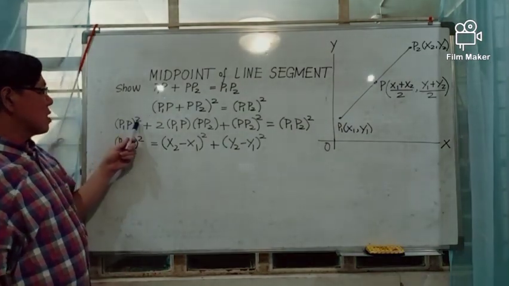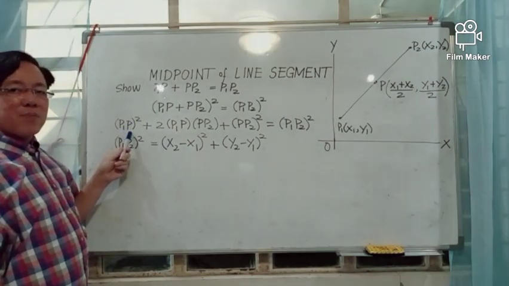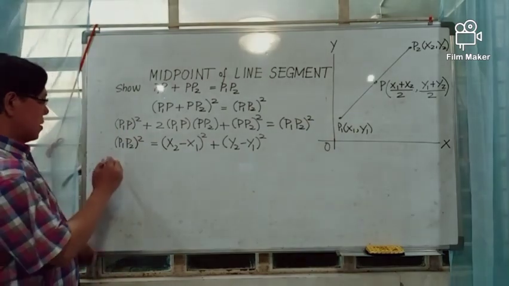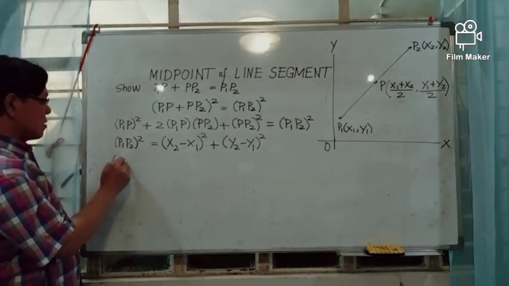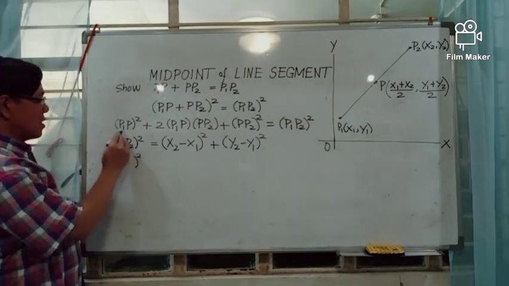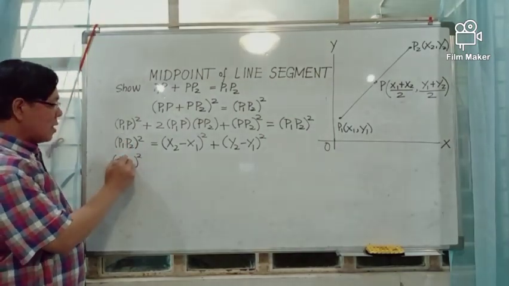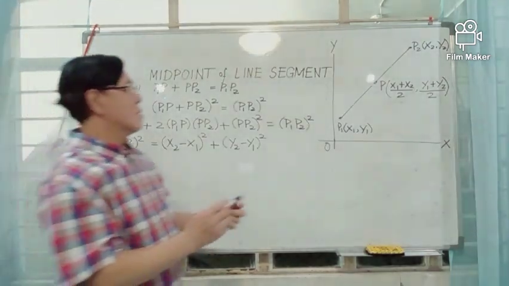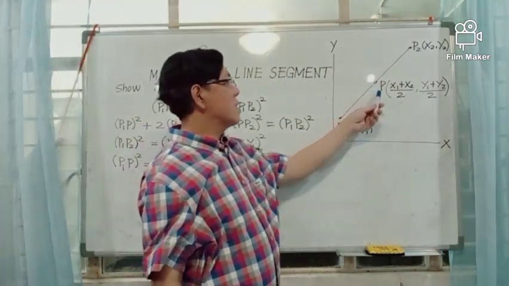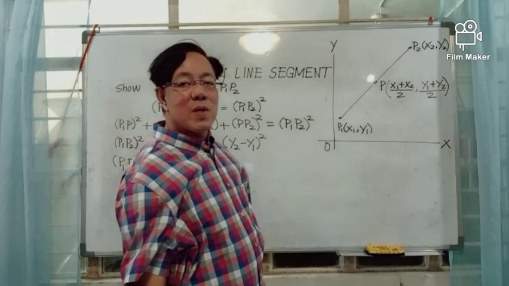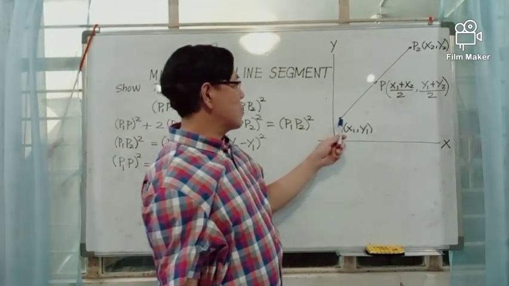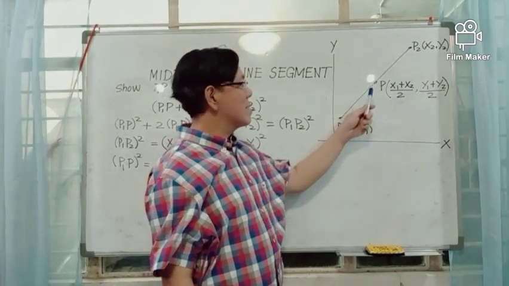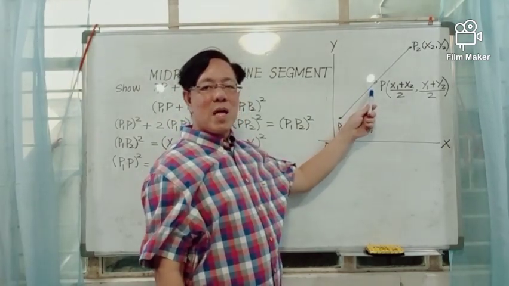We start with the square of the distance between P1 and P. This is P1 and P, and we write the square of the distance between these 2 points, one endpoint of the line segment and the midpoint of the line segment.